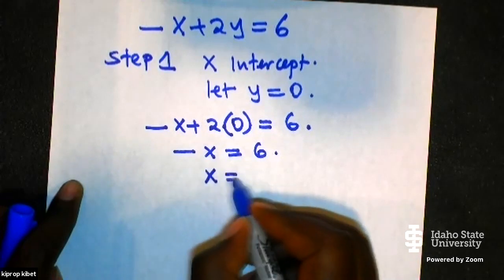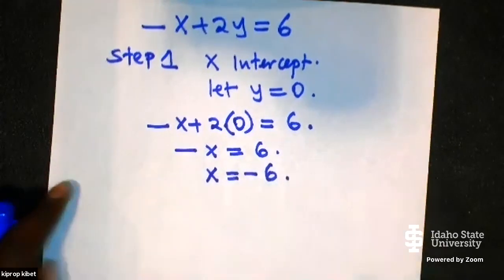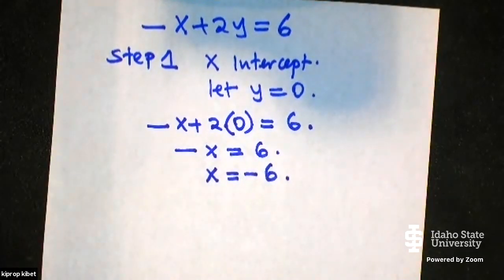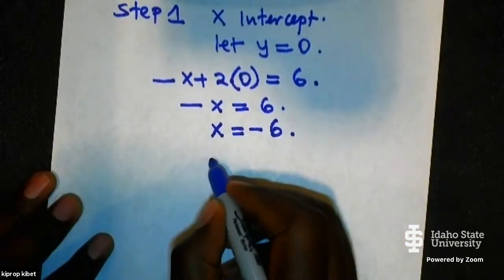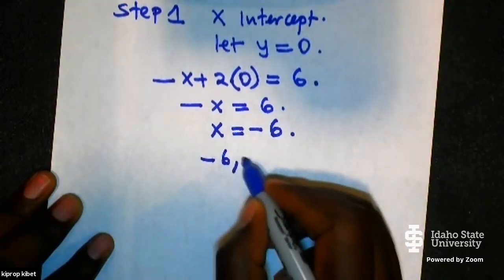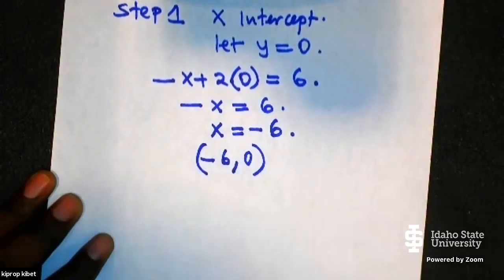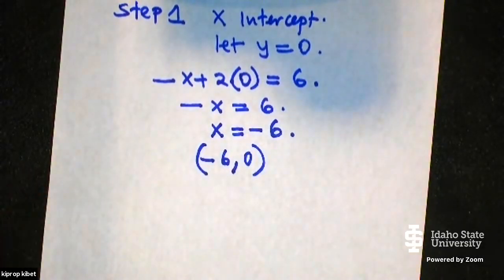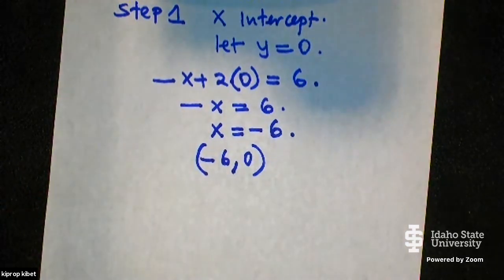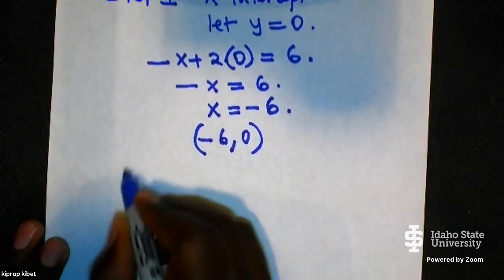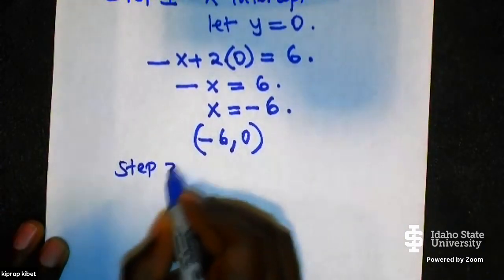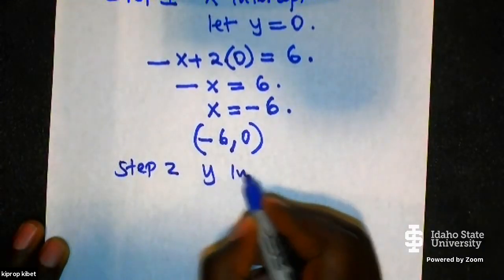So x equals minus 6. So the point here will be minus 6 and 0. Minus 6, 0. Then step number 2, the y-intercept.